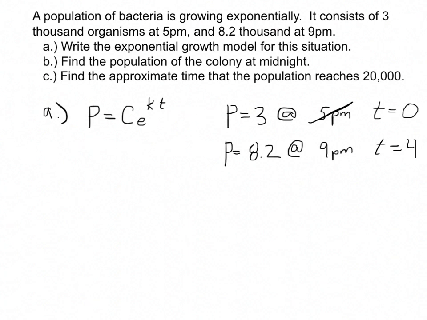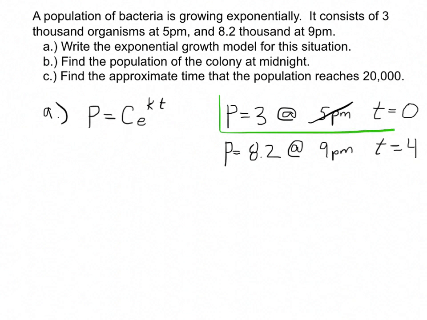Time is 4. So when the problem says write the exponential growth model, it basically means find out what the constants C and k are. P and e and t are going to stay in the problem, but C and k we can solve for. I'm going to do this by plugging in these values that I have over on the side. So first, I'll use green for it.